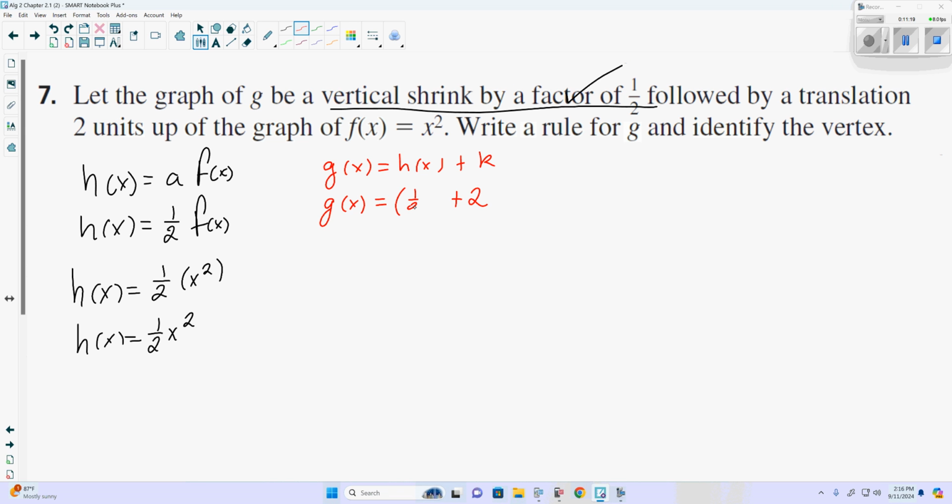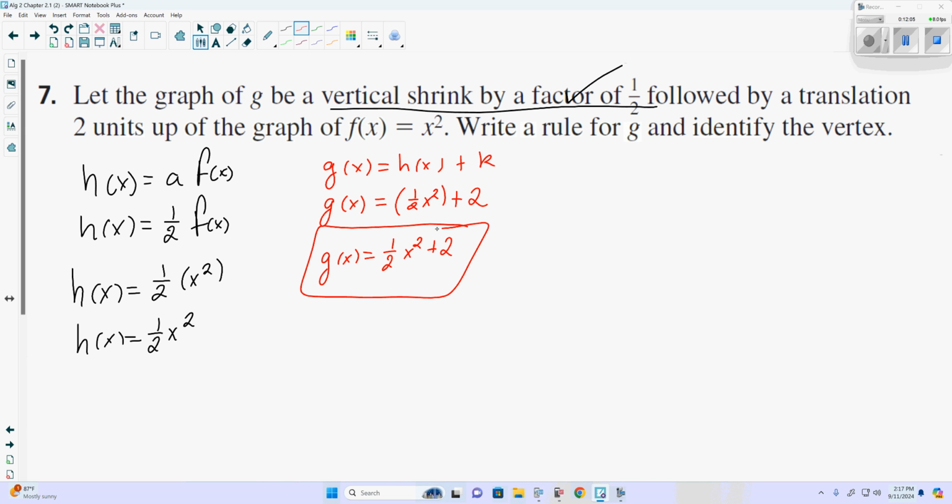H of x for us is 1/2 x squared. Questions on this here?